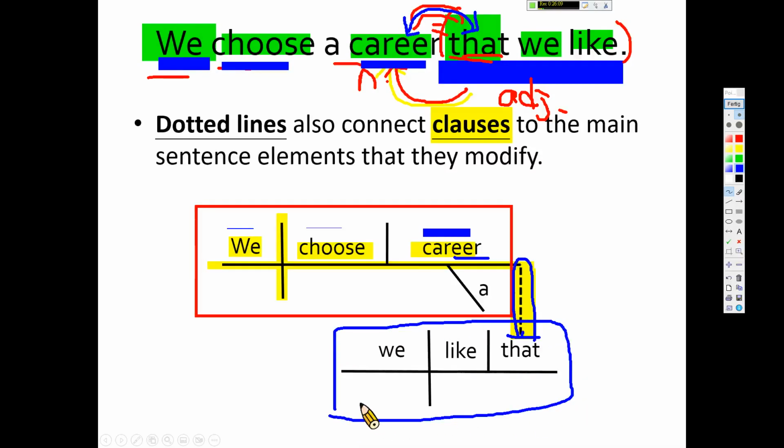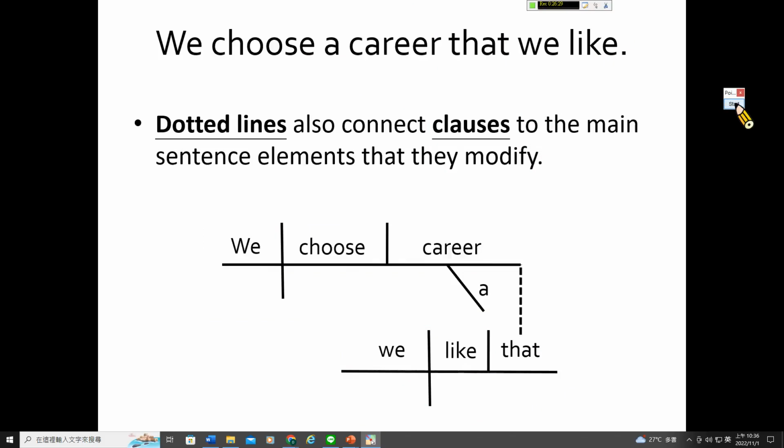We know it is a clause. A clause has a sentence structure. So here we have a main line and a vertical line. We like, and you see that is the object, right? So it is put over here. We like that.